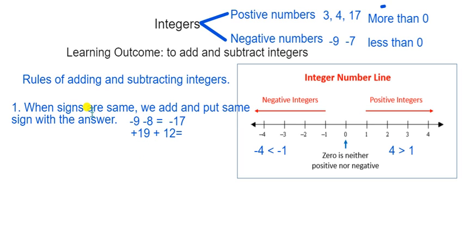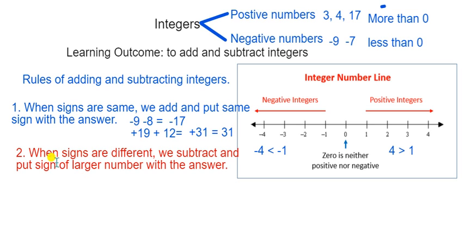So as per the rule, we will add them and put the same sign with the answer. 19 plus 12 makes 31, and as the positive sign has been used over here, we will write plus with the answer. This can also be written as just 31. It's not important to write the positive sign before a positive number.